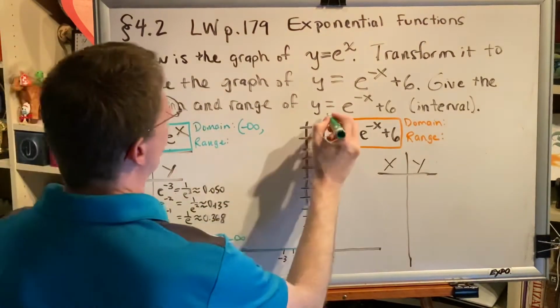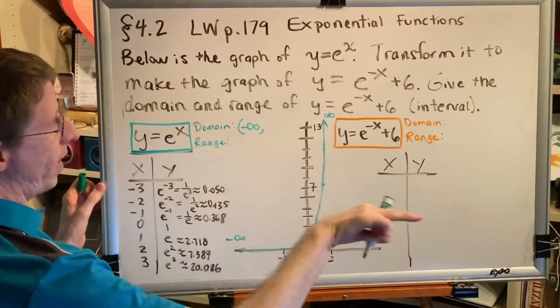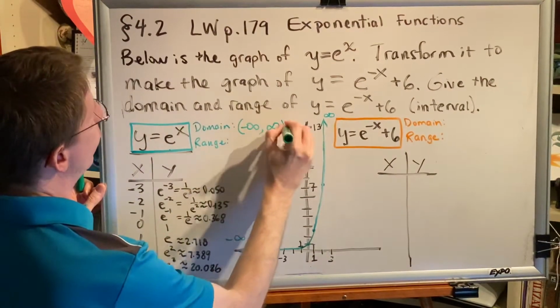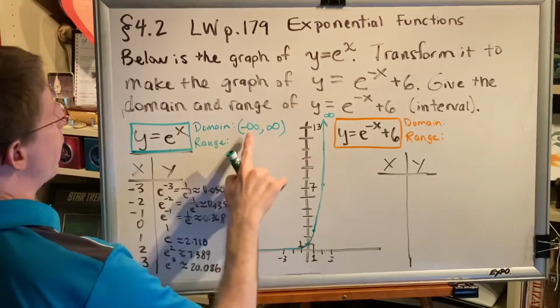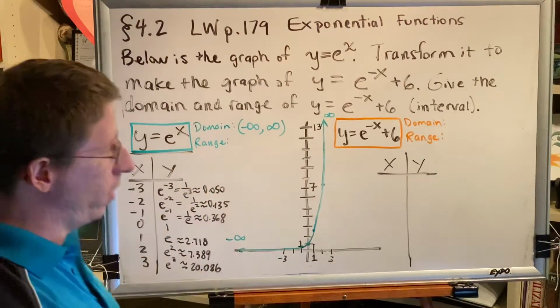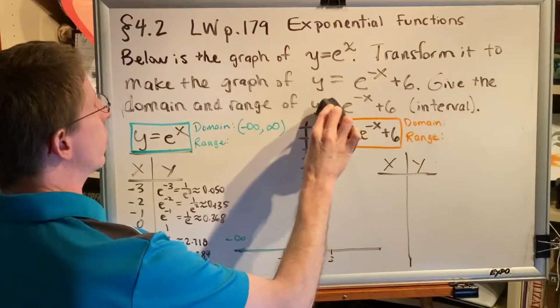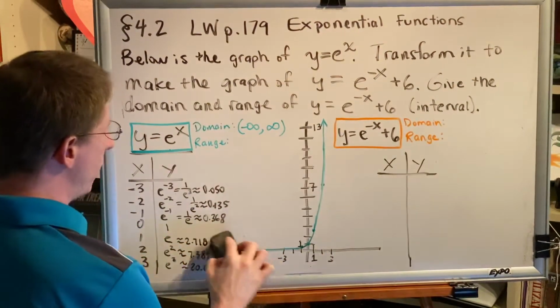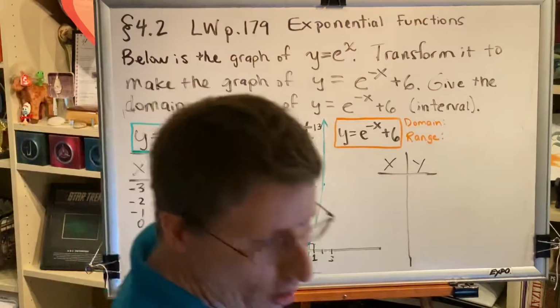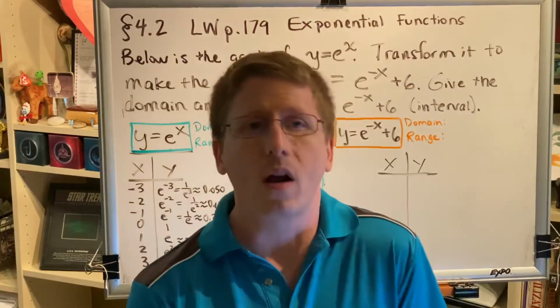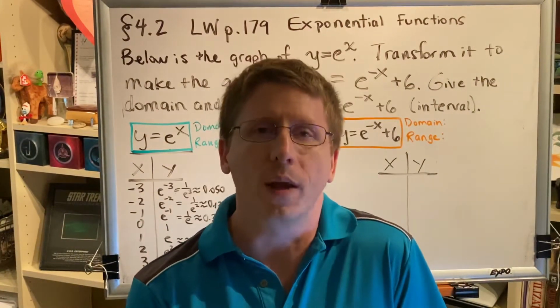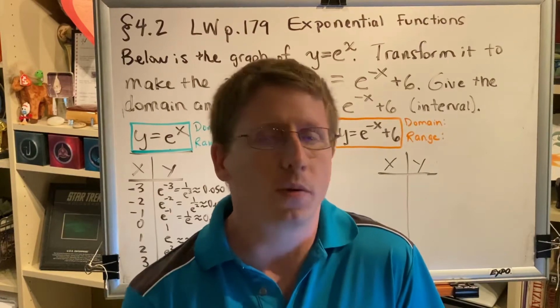Therefore, this part of the graph is going to the right forever and represents positive infinity. So our domain for this graph is negative infinity to positive infinity. This is consistent with what we learned when we studied exponential functions for the very first time. Exponential functions of the form f of x equals b to the x power have a domain of all real numbers, negative infinity to infinity.